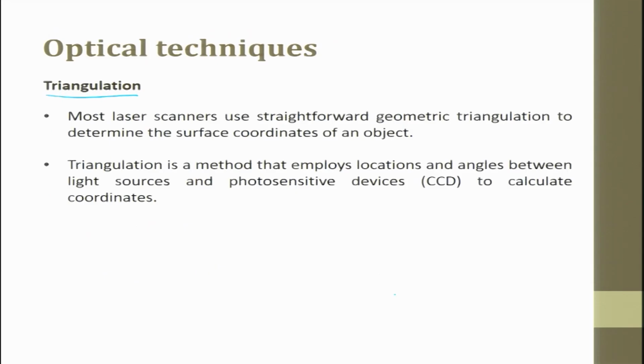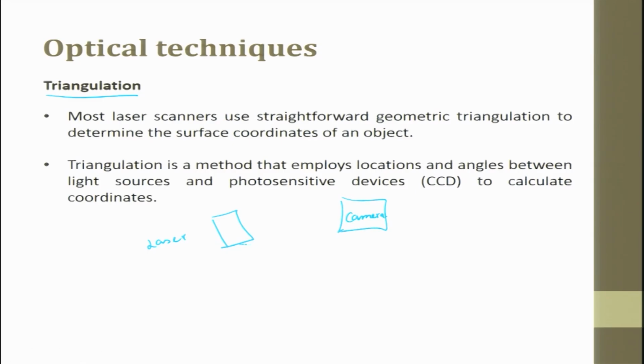Triangulation technique. Most laser scanners use a straightforward geometric triangulation technique to determine the surface coordinates of an object. So, let us take a simple schematic diagram. This is the laser or light, whatever it is, and then you have a camera.